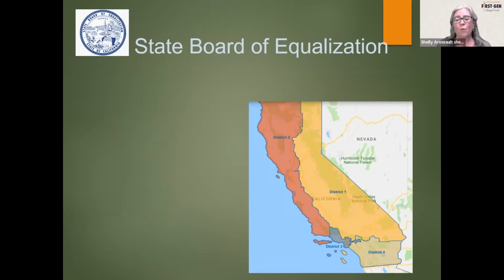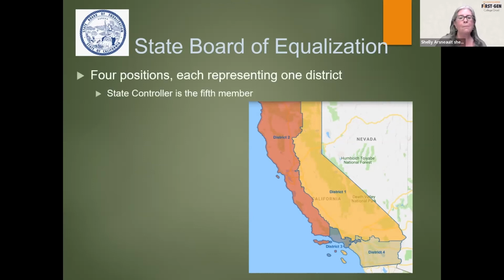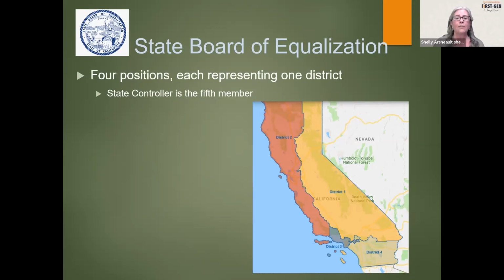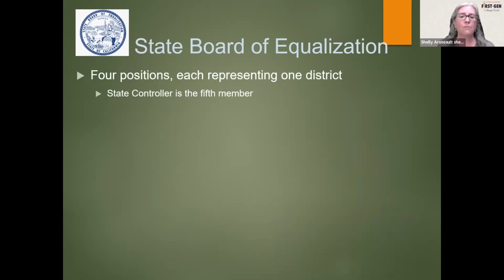And then District 4 is all of the other southernmost counties. And then you see District 1 and District 2 are just kind of slicing the state in half in this kind of odd way. There are 4 positions, one representing each district. There are actually 5 members of the Board of Equalization, but the state controller is that 5th member always.